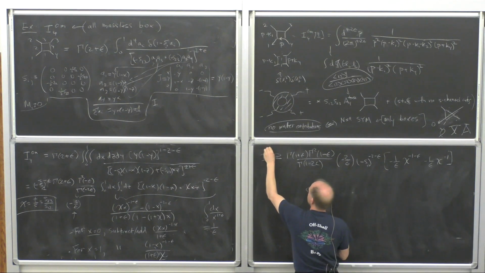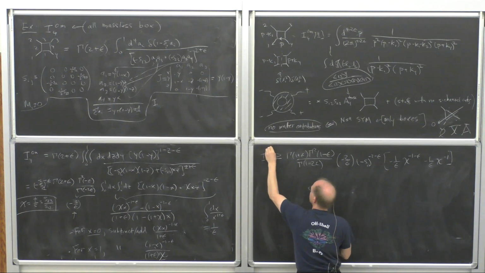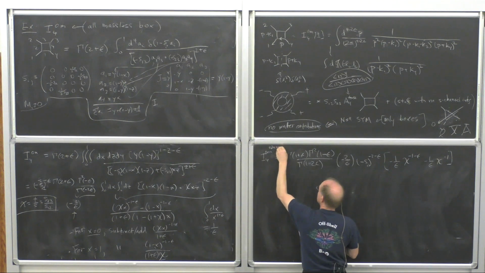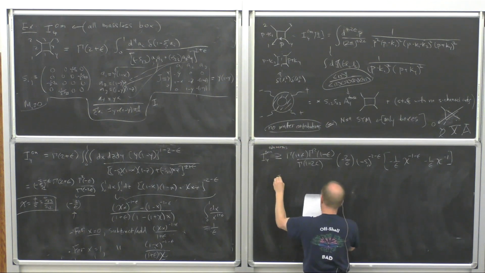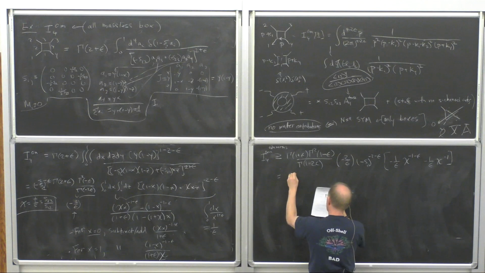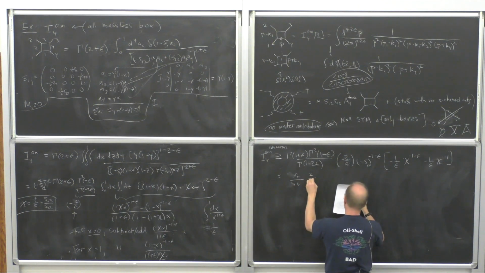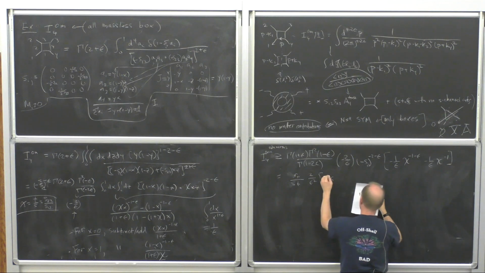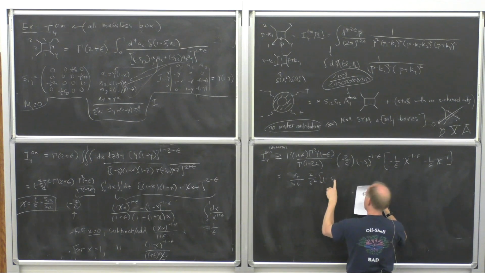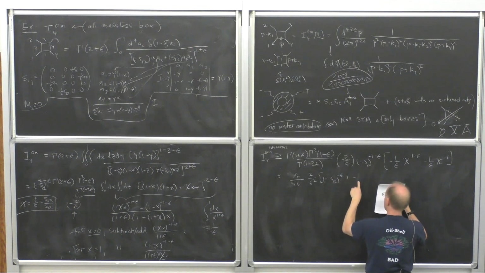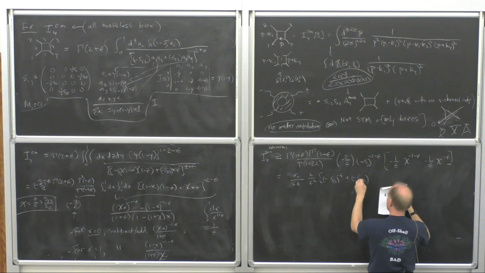So this is just from the subtraction terms when added back. And that ends up being something like R gamma over S T times 2 over epsilon squared minus S12 to the minus epsilon plus minus S23 to the minus epsilon.